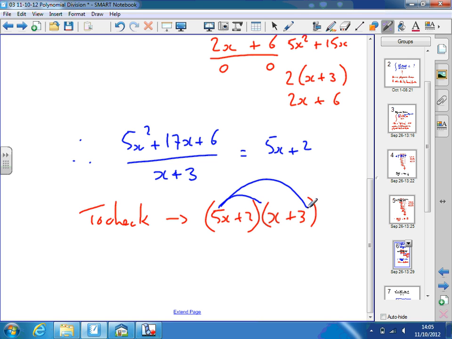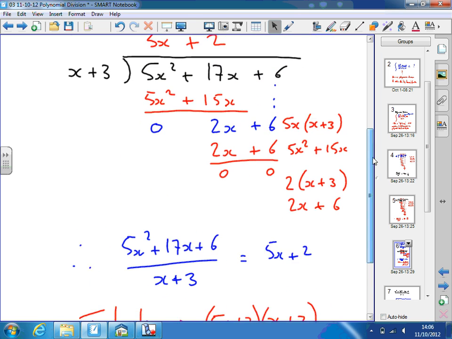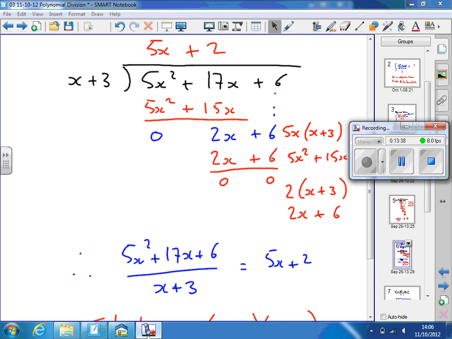So 5x times x, 5x times 3, 2 times x, 2 times 3. So 5x squared, plus 15x, plus 2x, plus 6 becomes 5x squared plus 17x plus 6, which is what we started off with. Okay, just make a note of that and I'll pause it.